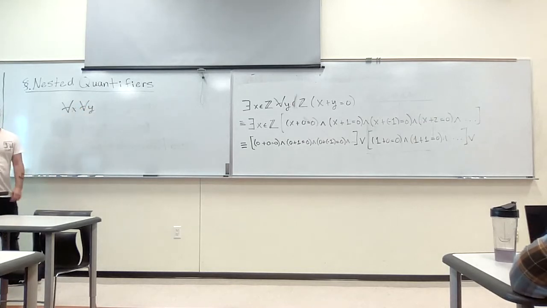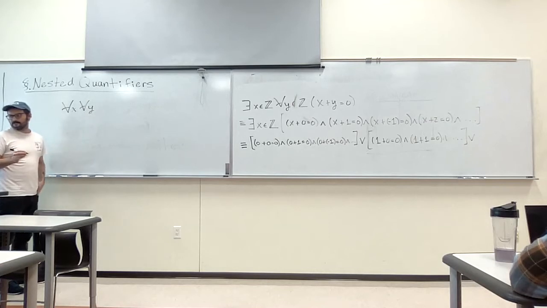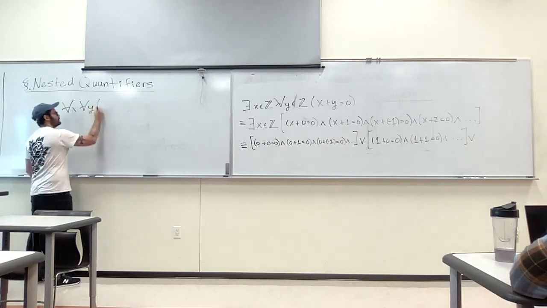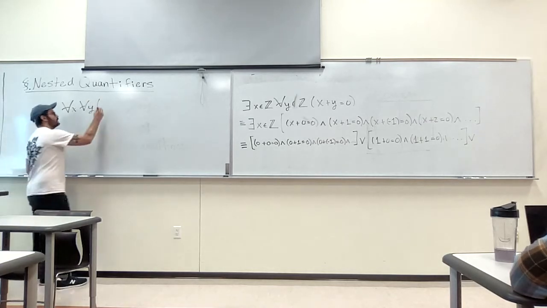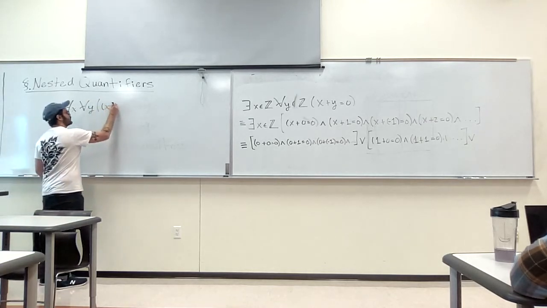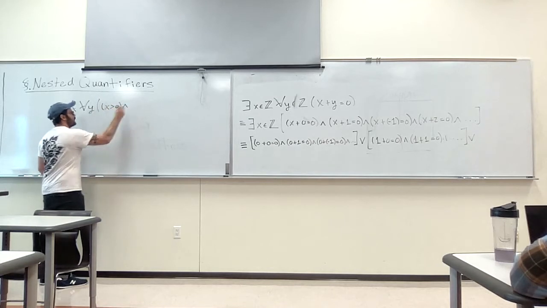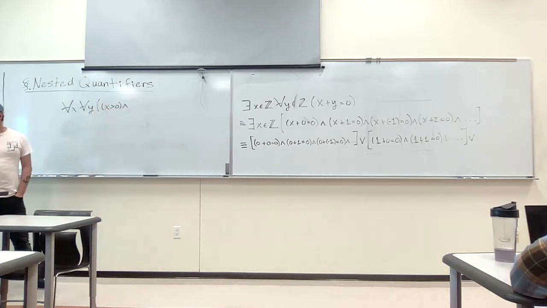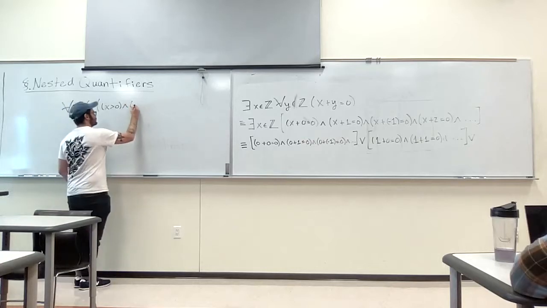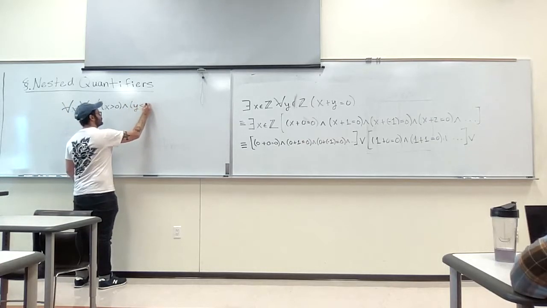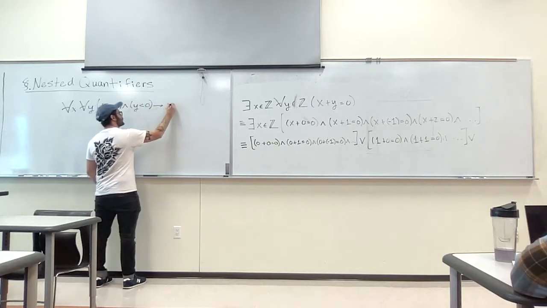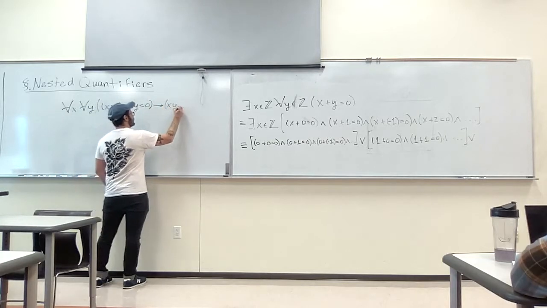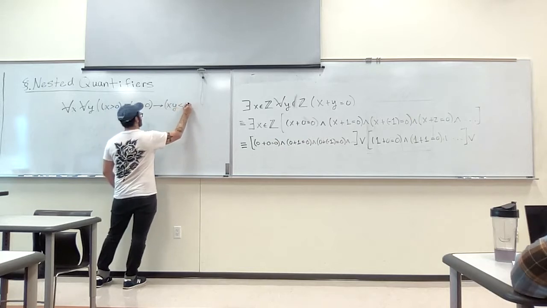I'm going to pick a good one. x greater than 0 and y less than 0 implies x times y less than 0.